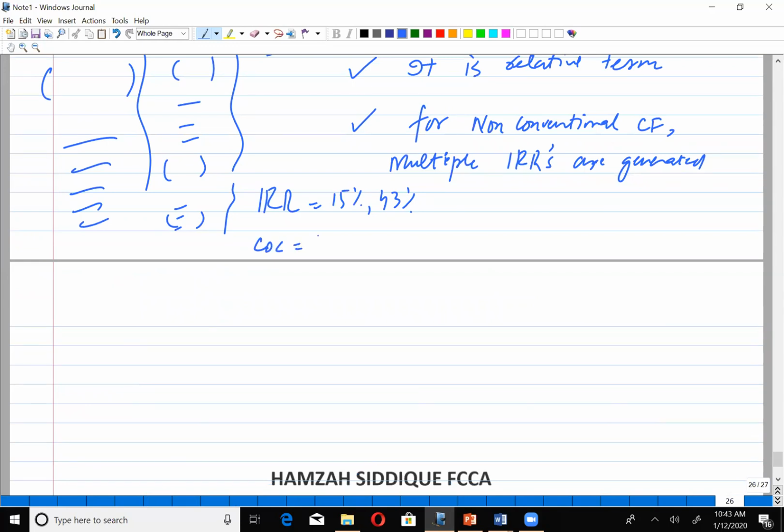If the cost of capital is 18%, tell me whether we should accept the project or not. If we consider this IRR, we should not accept the project. If we consider the other IRR, we should accept. This is the problem with the IRR, when we apply it to non-conventional cash flows through a spreadsheet.